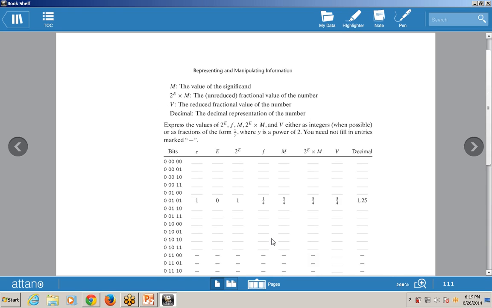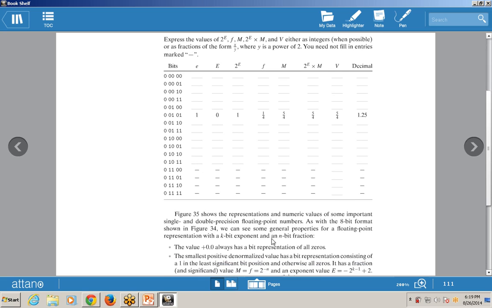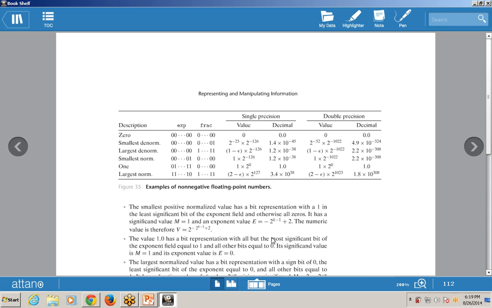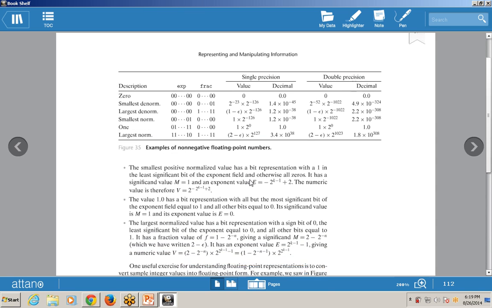These are the examples. This is another table, examples of non-negative floating point numbers: the 0, smallest denormalized, largest denormalized, smallest normalized, 1, and largest normalized.